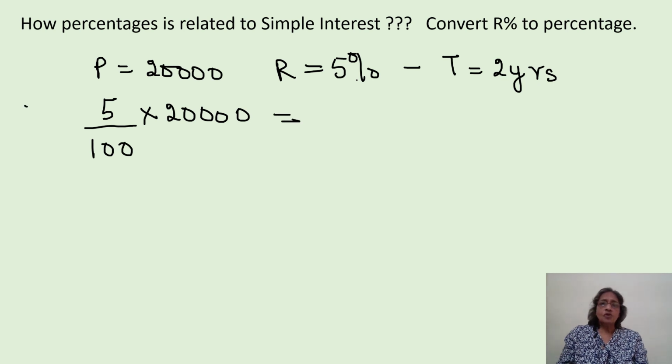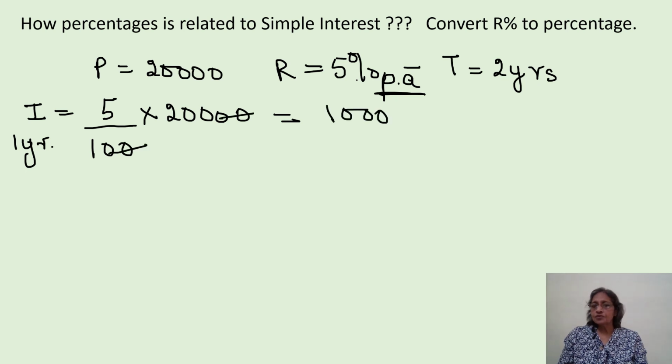Okay. So, this is going to be your interest for 1 year. Now, why 1 year? Because the rate is always given per year. So in this case, what I'm going to get is 1,000 rupees.